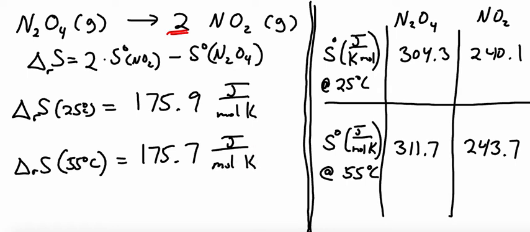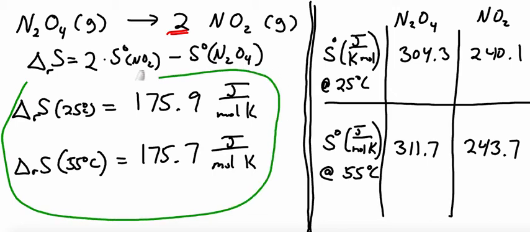So if we look at these results, we can say that saying that delta S does not change for reasonably sized temperature increases is actually a really good approximation. We didn't see any difference at all until we got to the fourth significant figure. So even though the entropy does change significantly as we increase temperature, the entropy change for a reaction is often approximately constant.